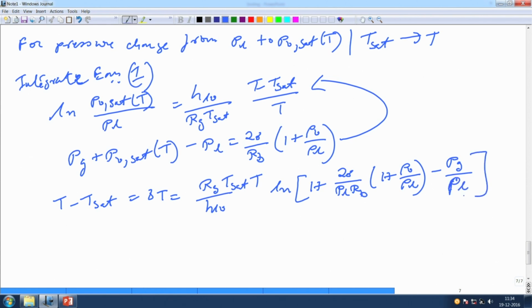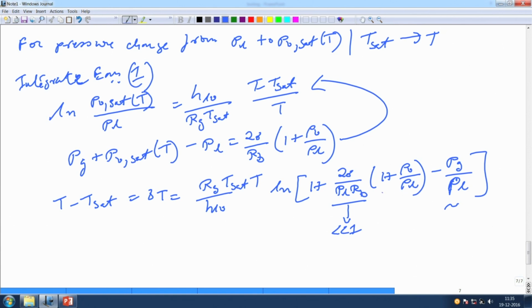PG by PL. Okay, so this is the complete thing that you get. This particular term is much less than 1. Not just this term, only this one is much less than 1.